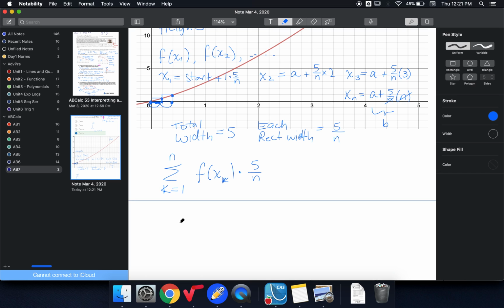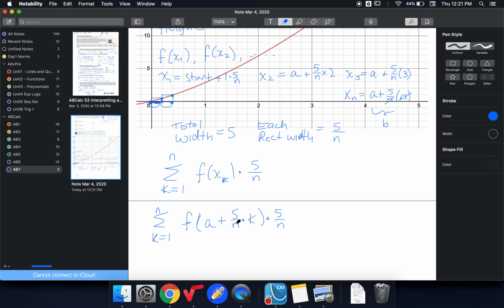Well, f of x sub k was f of whatever the starting value was, plus different increments of the width. Each increment I can count using k. So sum of k equals 1 to n. This would be if I'm doing a right Riemann sum, because I started by taking the initial and adding 1 width. If I was going to do a left Riemann sum, I would just start at 0, because then I would just start at f of a, which would be my first one here.